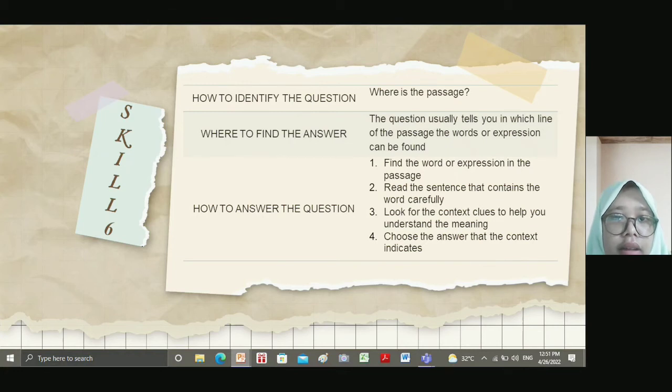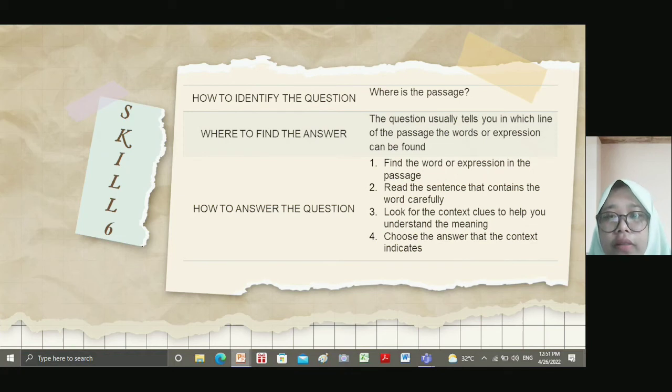First, how to identify the question. Identify the question as follows: Where is the passage...? Next, where to find the answer? The question usually tells you in which line of the passage the word or expression can be found. And last, how to answer the question. To answer the question, do as follows.